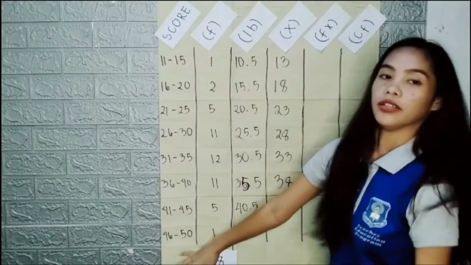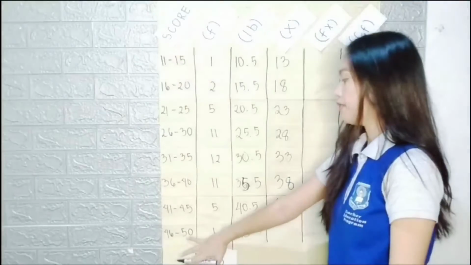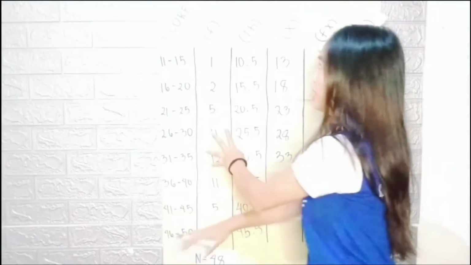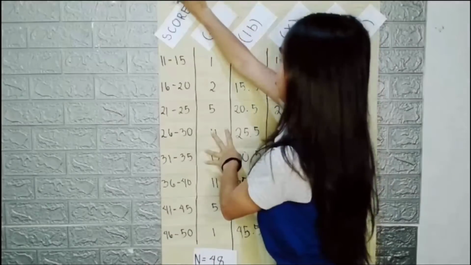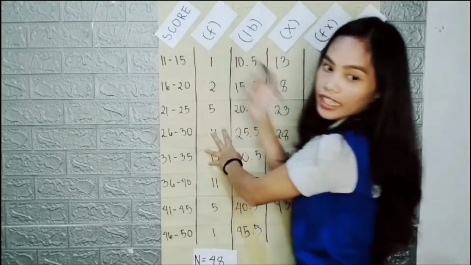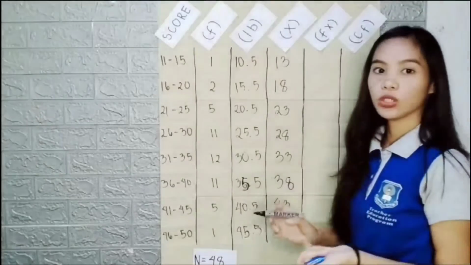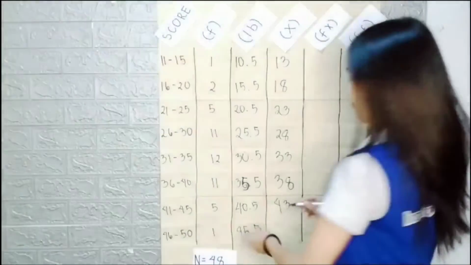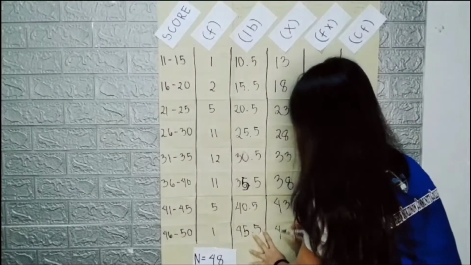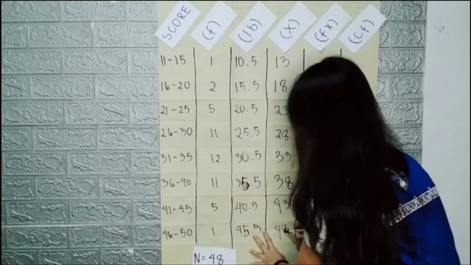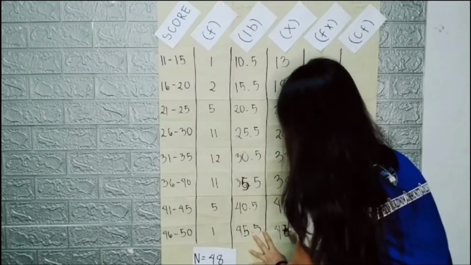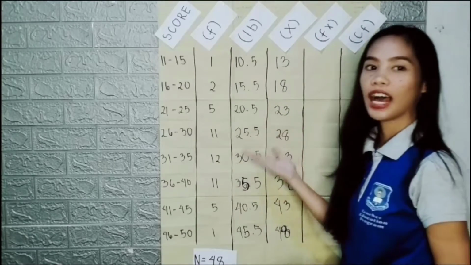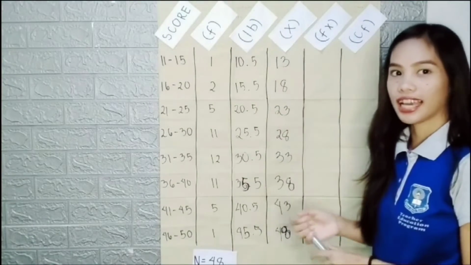Lastly, 46 plus 50 is equal to 96, and divided by 2, the answer will become 48. So that's how we can get our class marks.